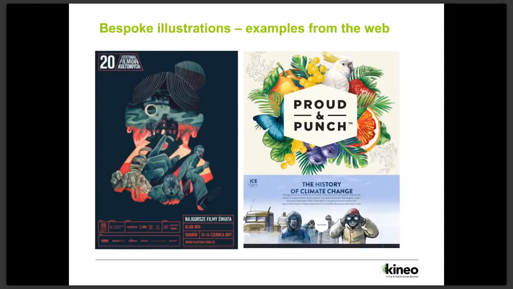Celebrations. So we've got three distinct sets of images here. One was created for a film convention, probably looks like Poland, and then we've got these really beautiful handcrafted illustrations for Proud and Punch, and then this hand-drawn watercolor marker visual type effect that we've used on this history of climate change.